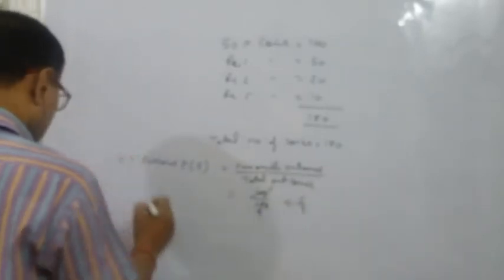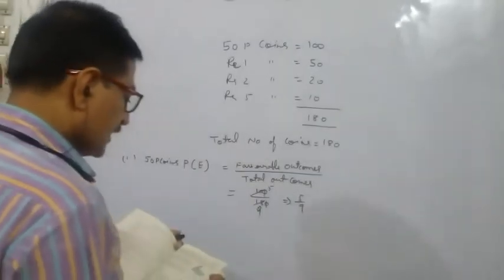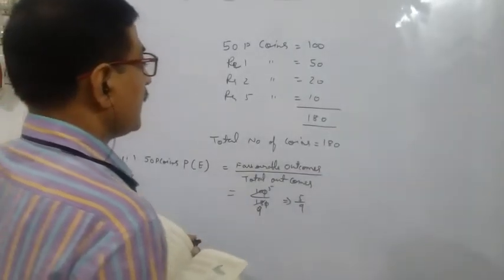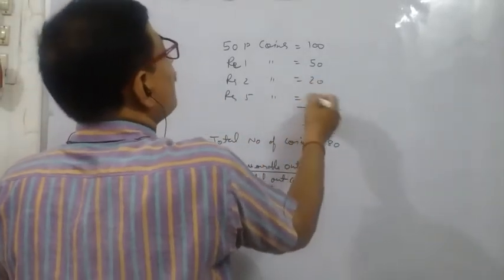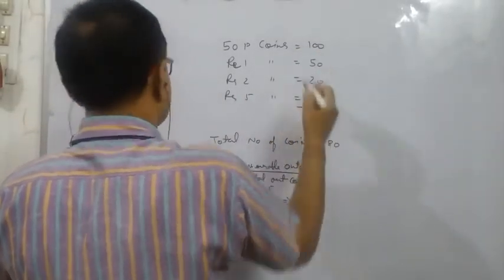This is the first part. Now the coin will not be a 5 rupees coin. 5 rupees coins are what? 10. Not be, so that means all the other three types are there.